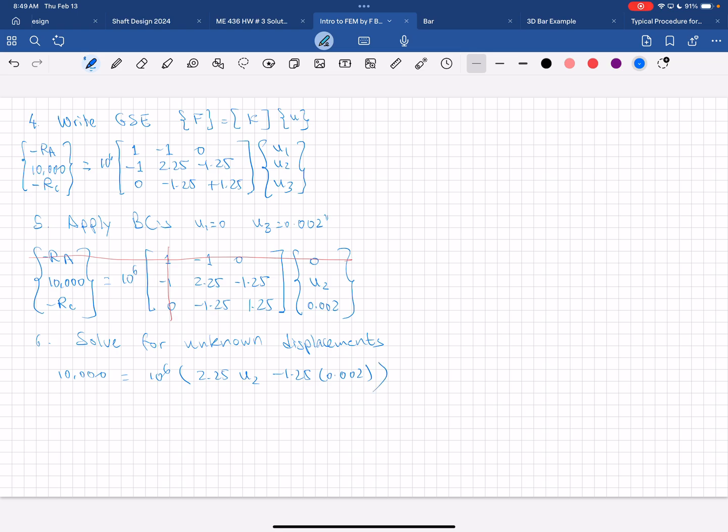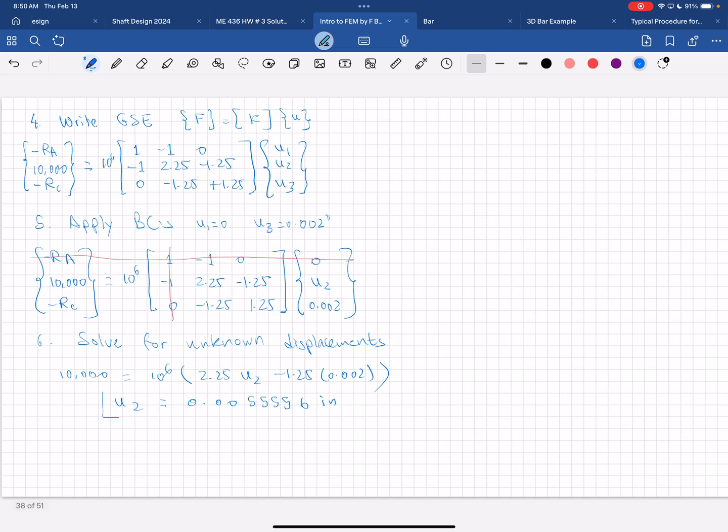This is the second equation among these three, and we can solve for U2, and we find that U2 is equal to 0.0055556 inches. And U2 is the displacement of B. So this is one of the required solutions.